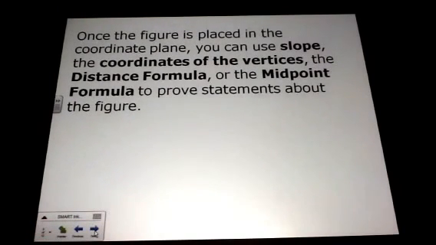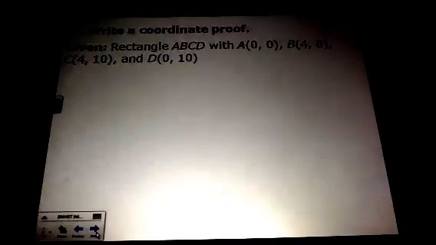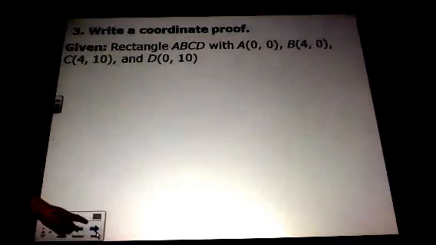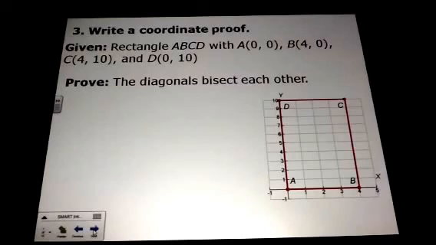Once the figure is placed in the coordinate plane, you can use the slope of the coordinates of the vertices. You can use the distance formula. You can also use the midpoint to prove statements about the figure. Okay, so we've got rectangle ABCD with these vertices, and we're going to prove the diagonals bisect each other.